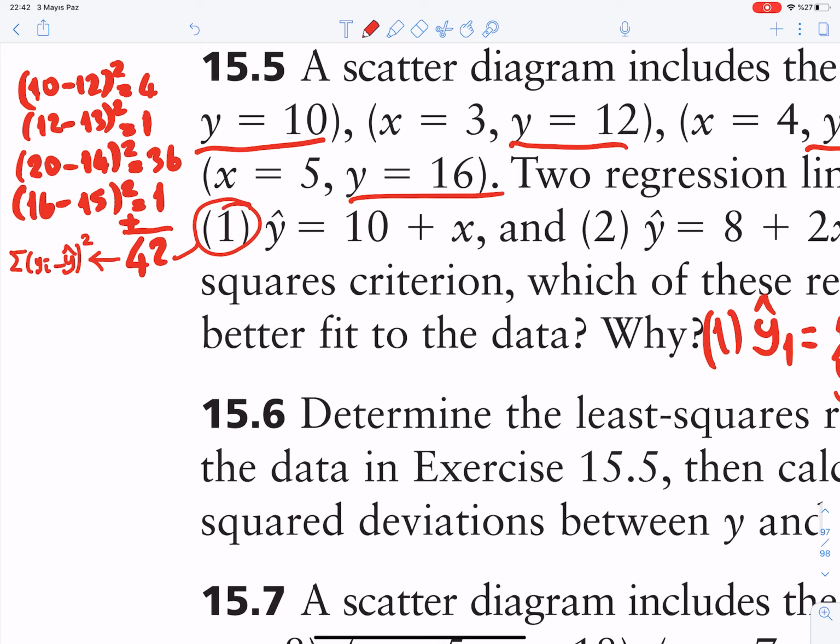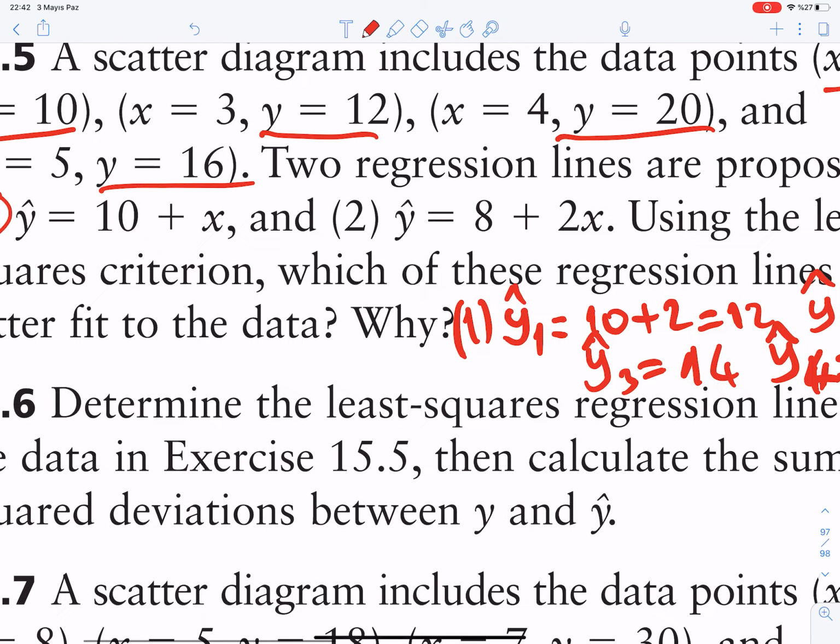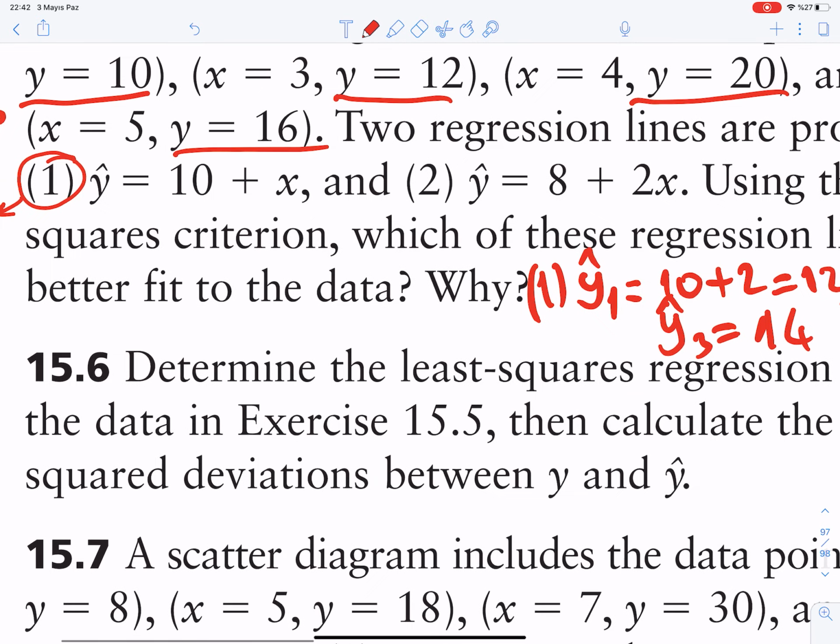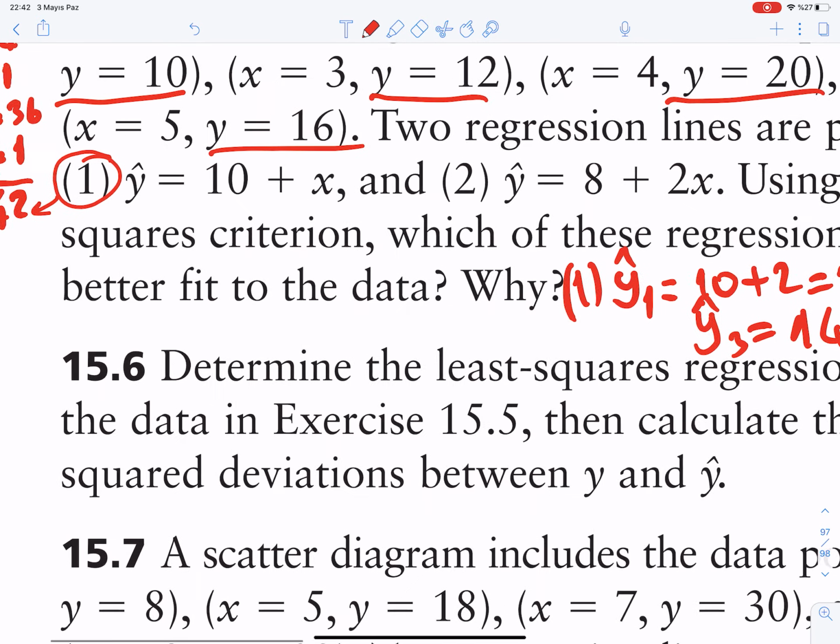The first value is 42, and for the second model we use y hat equals 8 plus 2x.